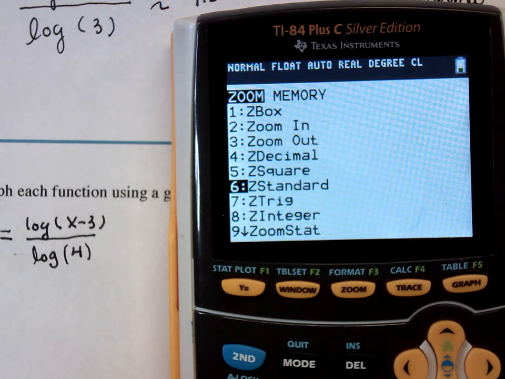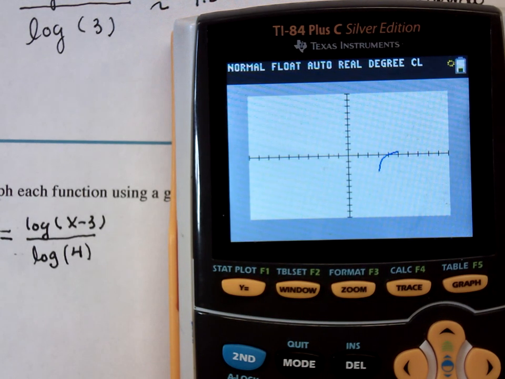What that does is it puts my piece of graph paper in the middle of the window so that I'm going from minus 10, 10, minus 10, 10. And if I need to adjust my piece of graph paper after I've set it, I can do that. It's an automatic zoom, which means once I press enter, it'll bring up the piece of graph paper of that size and then do the graph. So it's completely automatic. So now I press enter, and there it comes.